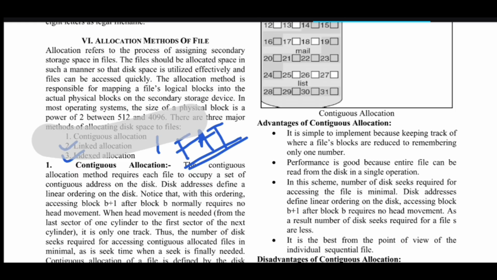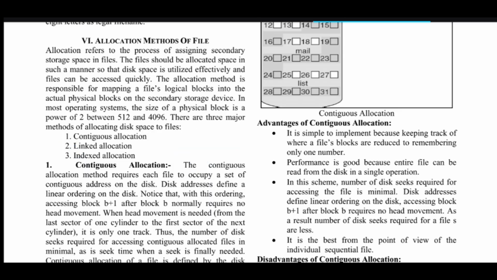First of all, we'll discuss contiguous allocation. Contiguous allocation means the data from the files are stored in a contiguous manner.